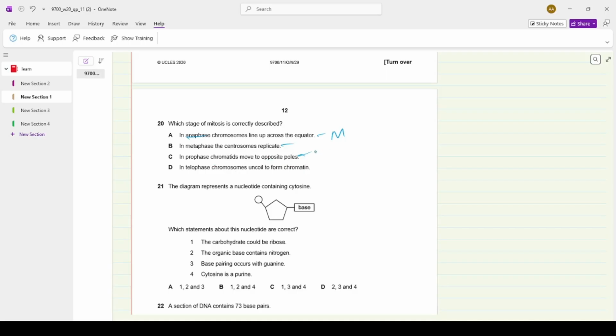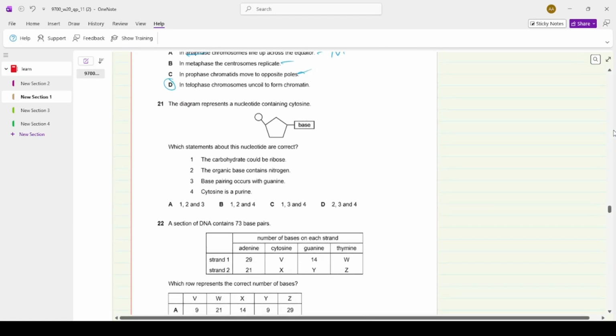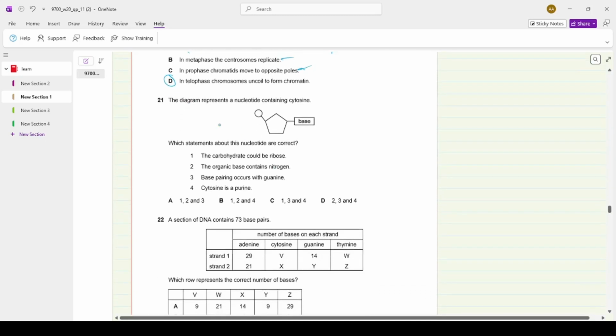No, this is in the late stages, such as anaphase. In telophase, chromosomes uncoil to form chromatin. Yeah, this is true. As the cell is preparing for cytokinesis, they will uncoil to form chromatin again, and then they can go into a new cell.